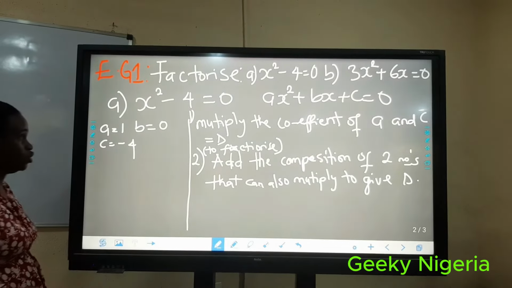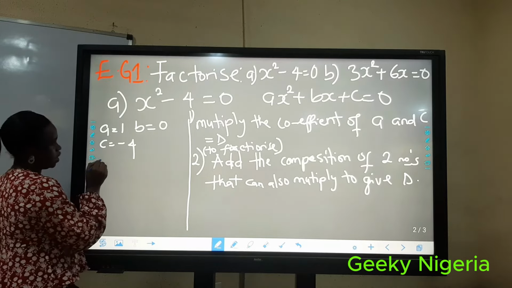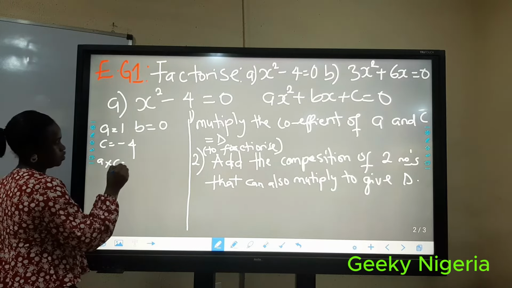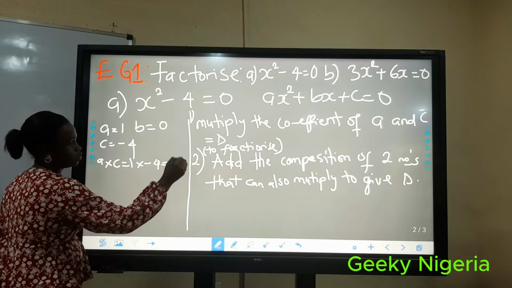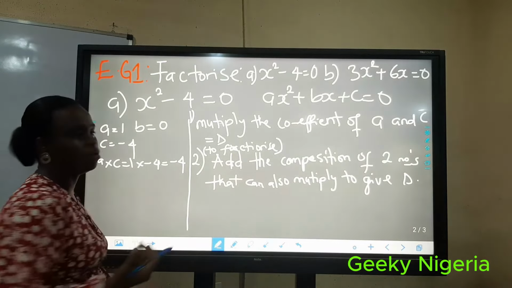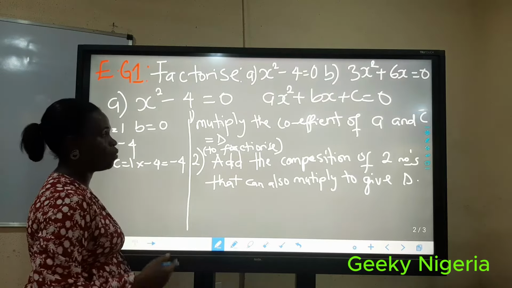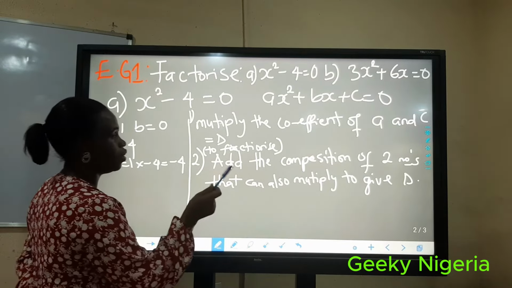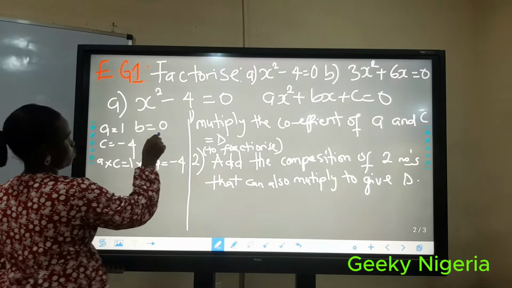So first, I said you multiply what? a and c. The multiplication of a and c is equal to 1 times minus 4, which gives us minus 4. So now we'll find the two numbers that when we multiply will give us minus 4, and when we add it, it will give us 0.